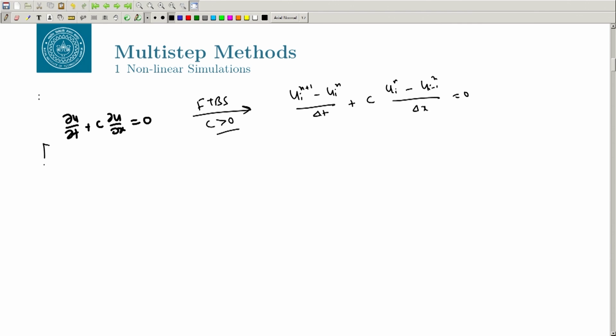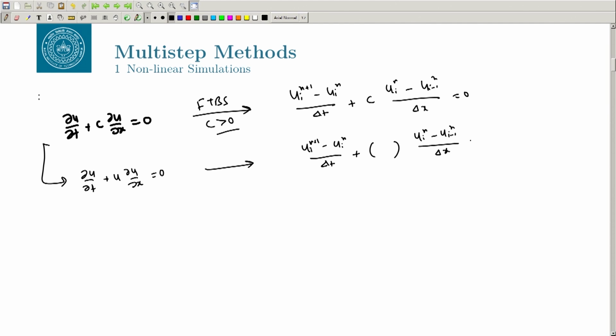When it is a nonlinear problem, del u by del t plus, let us say, u del u by del x, if you start writing in this way, as we discussed in the last class also, this is u_i^(n+1) minus u_i^n by delta t, and let us leave it here for now, plus u_i^n minus u_(i-1)^n by delta x equal to 0. Now, there is a u here also.